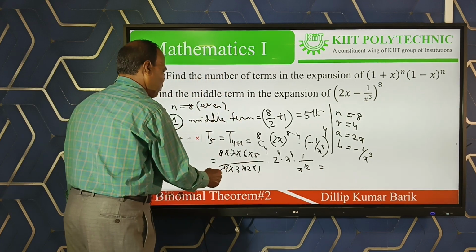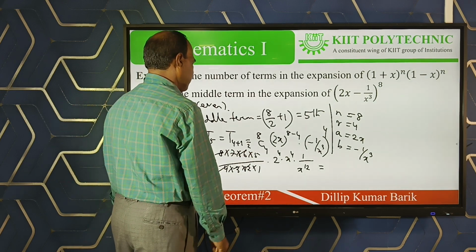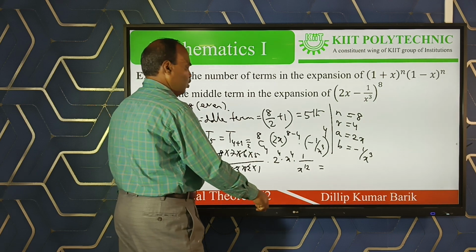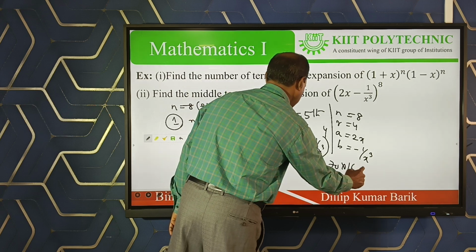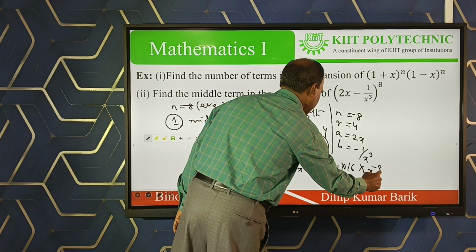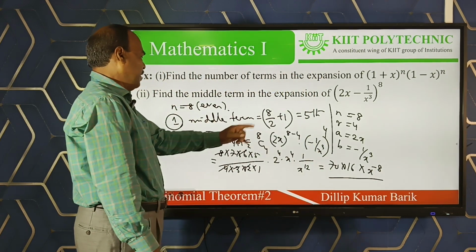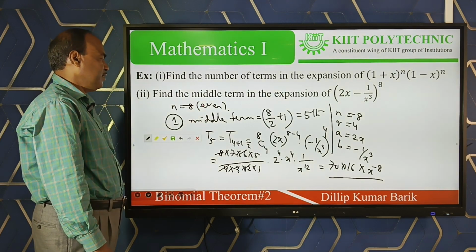After simplification, 4 and 8 cancel here, 3 and 6, we get 70, and this is nothing but 2 to the power 4, so 70 into 16 into x to the power minus 8, and this is our final answer. You can multiply again, right? So this is the middle term in the expansion.